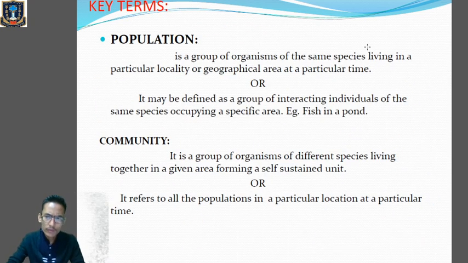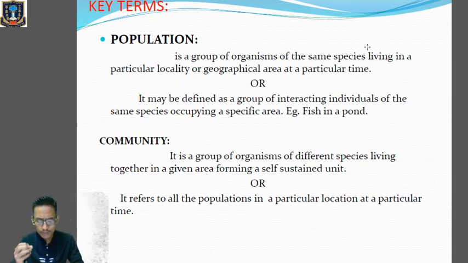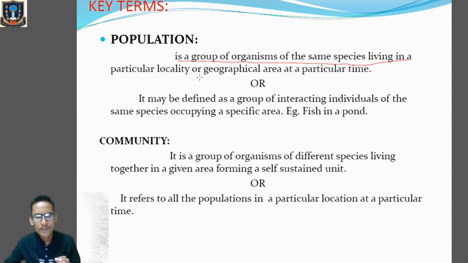Now, before learning the ecosystem, there are some general key terms we have to go through. The key terms we are going to learn are population and community. What is population? Kindly note it down. Population is a group of organisms of the same species living in a particular locality or geographical area at a particular time.